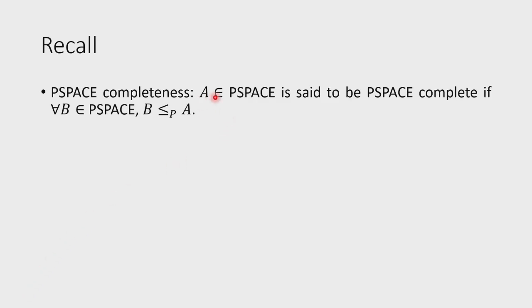A language A in PSPACE is said to be PSPACE-complete if for all languages B in PSPACE, B reduces to A in poly time. So basically if you can solve A in polynomial time, then you can also solve every language in PSPACE in polynomial time, and therefore PSPACE-complete languages are sort of the hardest languages in the class PSPACE.